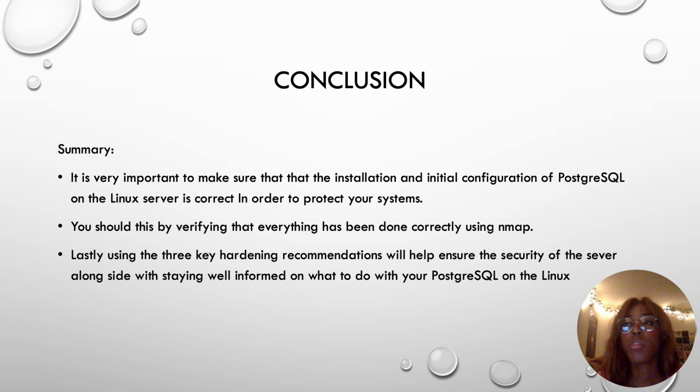Alrighty, so in conclusion, it is very important to ensure that the installation and initial configuration of PostgreSQL on the Linux server is correct in order to protect your systems. You should also be verifying that everything is done correctly using Nmap and just going back and looking over what you've done and doing tests on your server to make sure that nothing breaks.